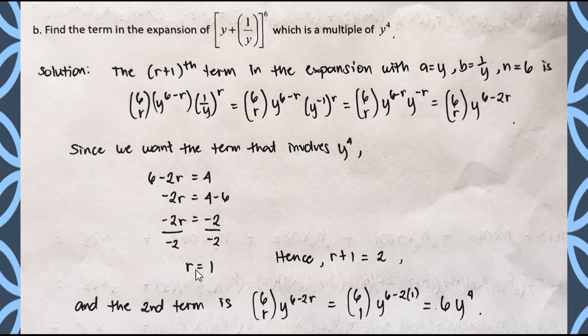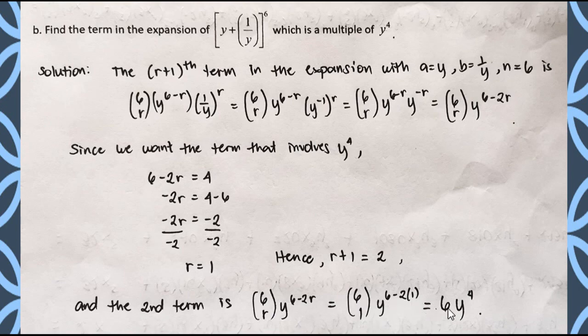Hence, kay 1 man si r, so 1 plus 1 is 2. So, meaning ang second term atong kuhaon. And the second term is 6 taken r at a time, y to the power of 6 minus 2r. So, kani siya. That is equal to, substitute na nato atong value ni r, which is 1. So, 6 taken 1 at a time, y to the power of 6 minus 2 times 1.